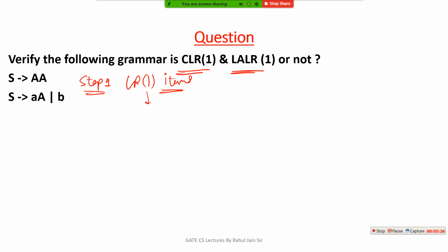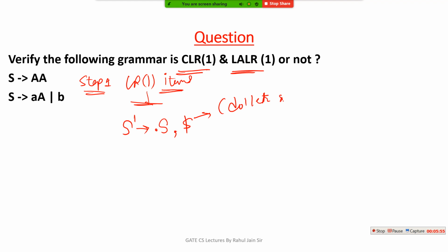To make LR1 items, first add the augmented grammar: S' derives dot S. But this is an LR0 item. It is not an LR1 item, because an LR1 item contains a look ahead with it. The look ahead of the starting symbol will always be dollar, so I will add a look ahead symbol like that: dollar.